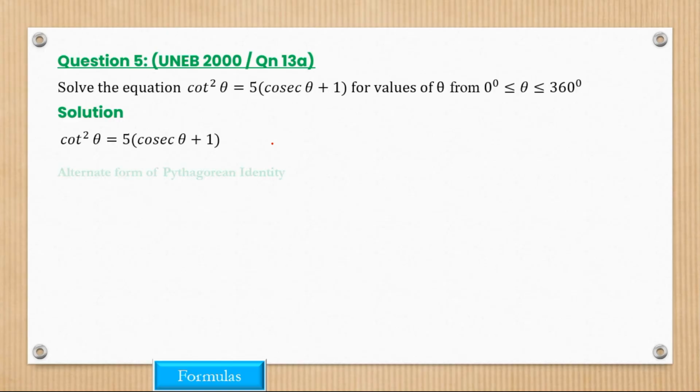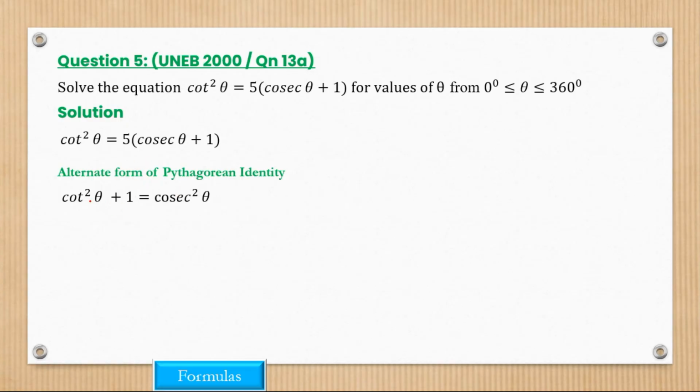We can see that from the alternate form of the Pythagorean identity, cot squared theta plus 1 is equal to cosec squared theta. Now to simplify this, we are going to convert this so that it looks alike to this. The reason we do that is because cot has a form where we can have the value cosec within.